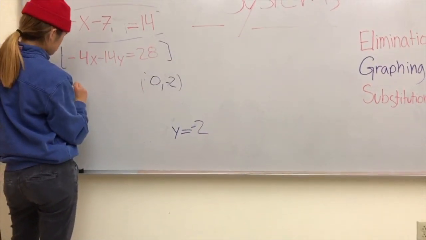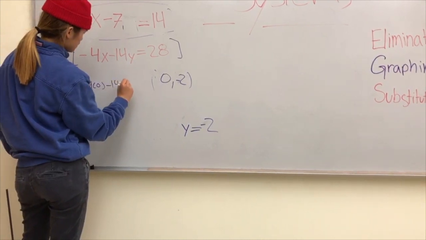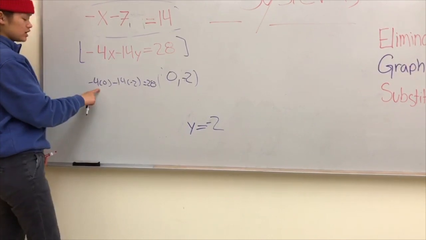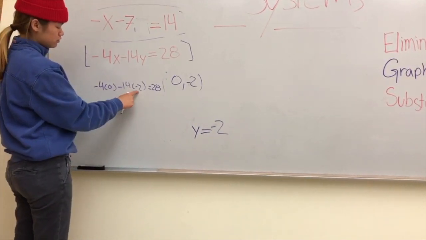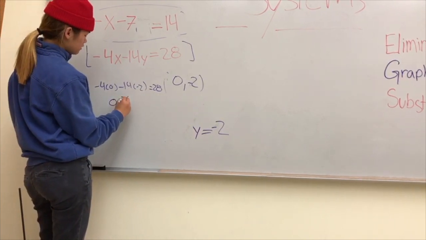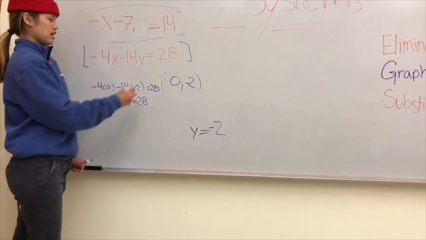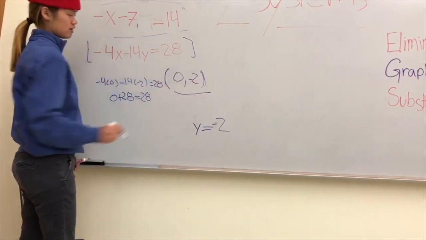So we're going to get -4 sub 0 minus 14 sub -2 equals 28. Okay, so -4 times 0 is 0. And -14 times -2 would be a positive 28. And in fact, 28 does equal 28. So that is how you can prove or make sure that your answer is correct.